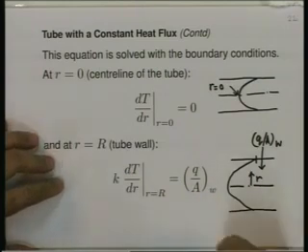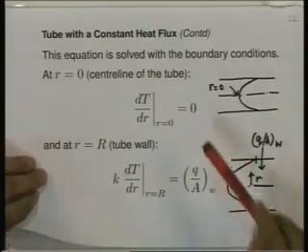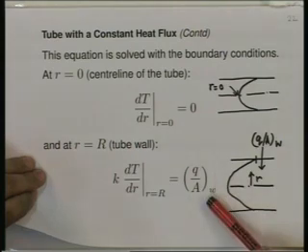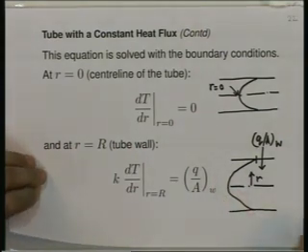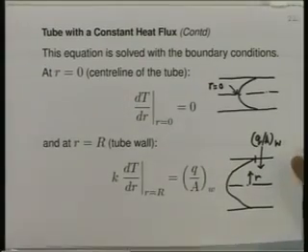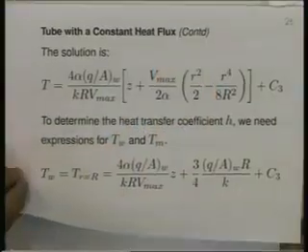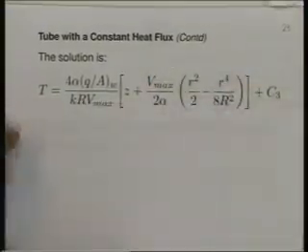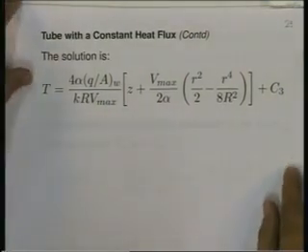So, we have a second order ordinary differential equation and two boundary conditions, one at r equal to 0 and one at r equal to R. And these two we can use to obtain a solution. The general solution is, I will close this for the time being so that this solution is clear.